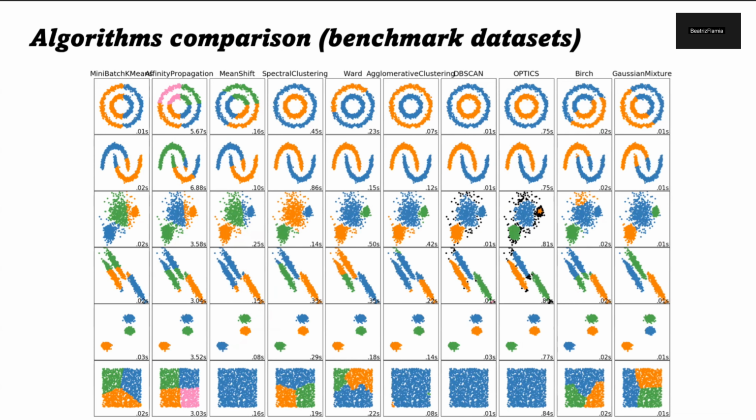For example, DBSCAN can recognize in the first case that we have 2 clusters. But for the first 3, in this case, we have 2 clusters, but a completely different situation from this one. In this case, we have 4 clusters, 3 clusters, 2 clusters, 2 clusters again, but in a different kind of distribution, and so on.